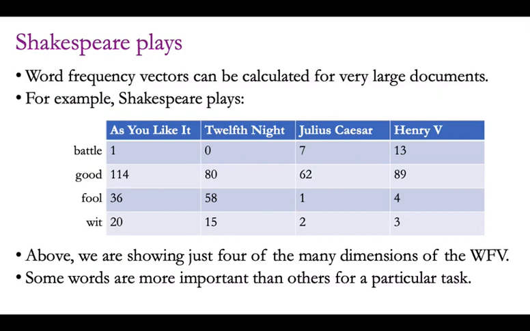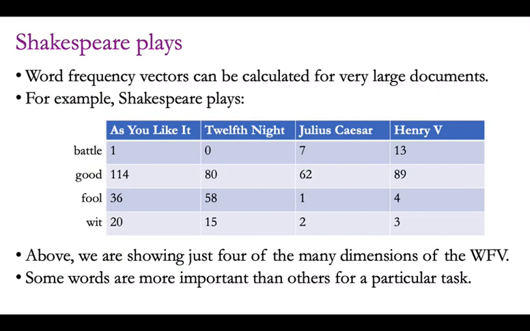Julius Caesar is kind of a history, but it's considered a drama anyway; these are both history or drama plays. If you're writing a funny play, you might use the words fool and wit a lot. If you're writing about a lot of battles, that's a different type of play, so the word battle shows up quite frequently.